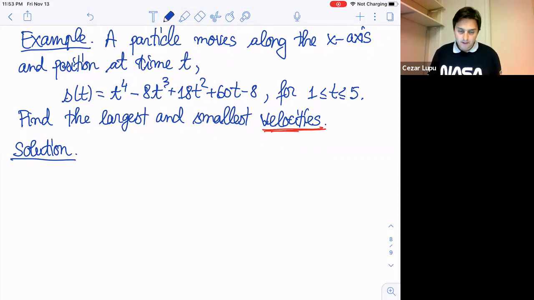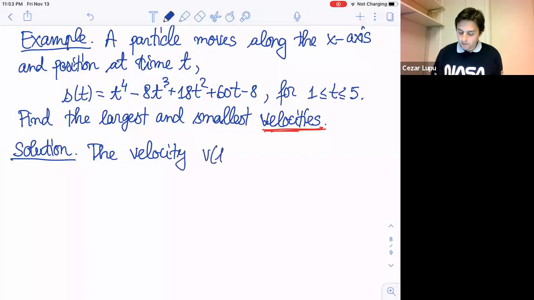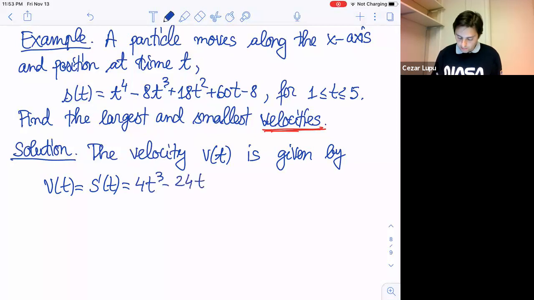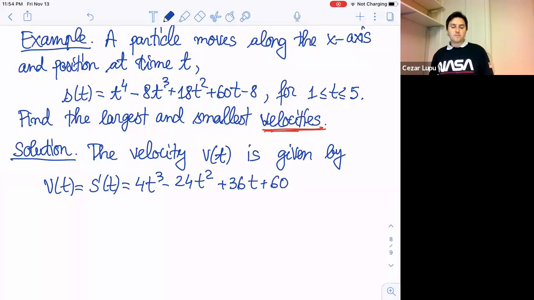So the velocity, let's call this v of t, is nothing else than the derivative of the position function. It will be 4t cubed minus 24t squared plus 36t plus 60. Okay, so that's the derivative.